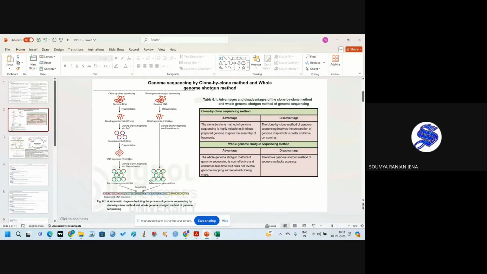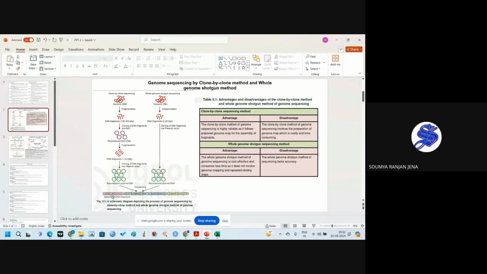First, the chopped products of this DNA are aligned by the shotgun method, meaning overlapping sequences. We cut them with different restriction endonuclease enzymes, and after the cutting, we overlap the different DNA sequences. Suppose here is DNA fragment 1, here is DNA fragment 2, here is DNA fragment 3, and here is DNA fragment 4.